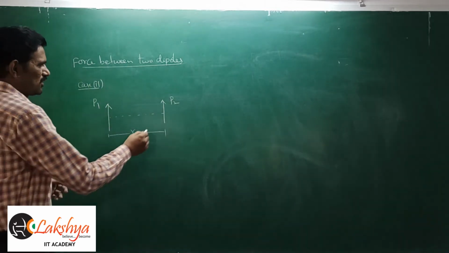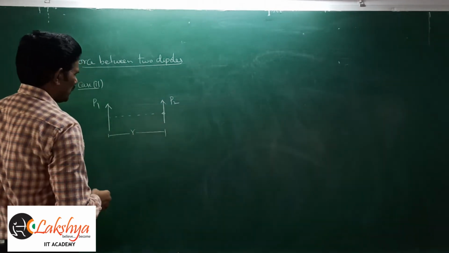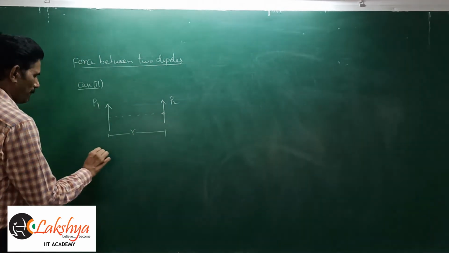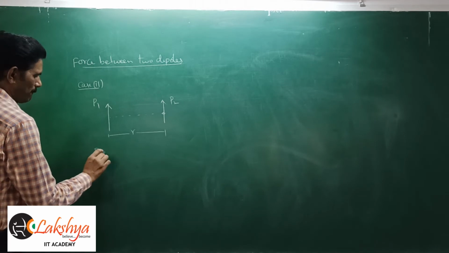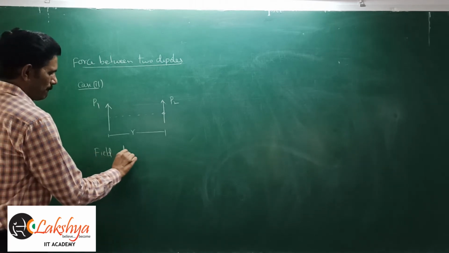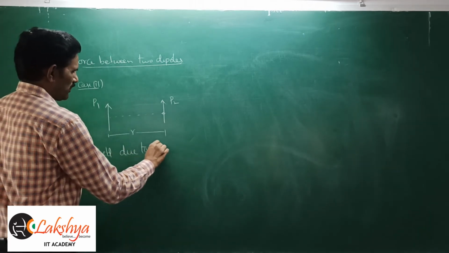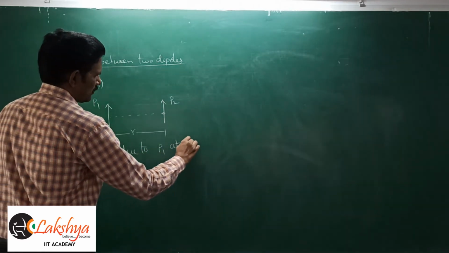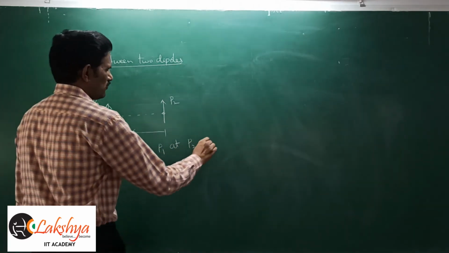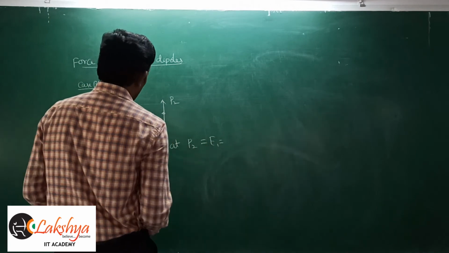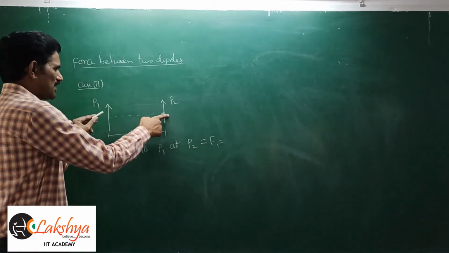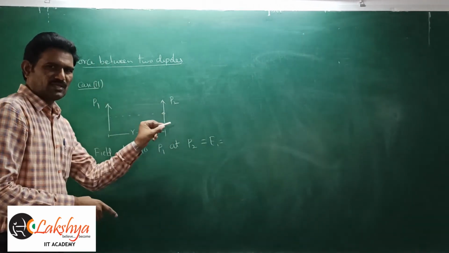So here also I am taking the same process. So at this point I am taking the field. Field due to P1 at P2. So this field we can write as E1 is equal to. Now you can observe that this point is lying on the equatorial line of this dipole.